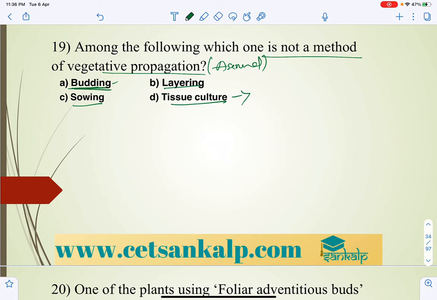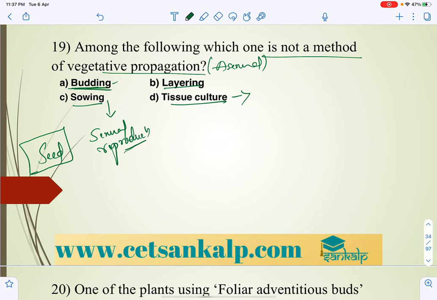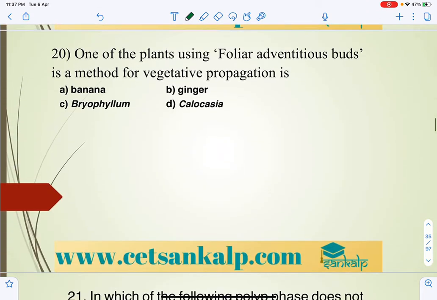Seed is related to sexual reproduction; it is the product obtained because of sexual reproduction. So the answer is sowing seed, the resultant structure of sexual reproduction, which is why it won't come under vegetative propagation.